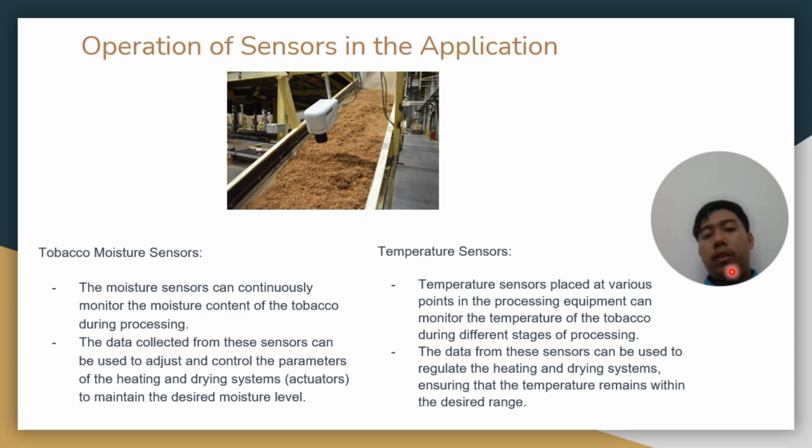It can monitor the temperature of the tobacco during the different stages of processing. Data from this sensor can be used to regulate the heating and drying system, ensuring that the temperature remains within the desired range. The actuator can adjust the heating element or control the flow of heated air to maintain the optimal temperature for each processing step.